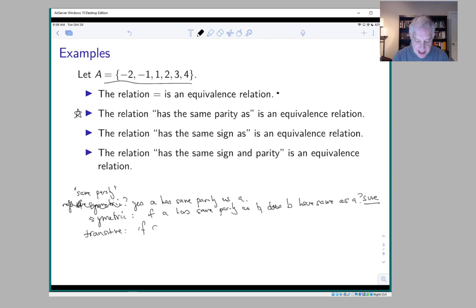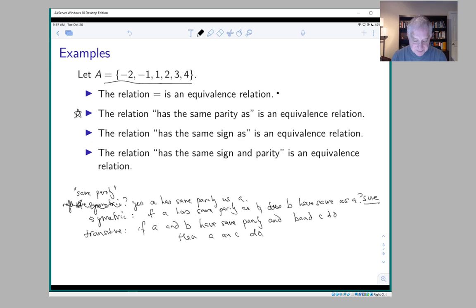If a and b have the same parity, and b and c do, then a and c do. So if a and b are both even, and b and c have the same parity, then c must be even, and so then a and c have the same parity.